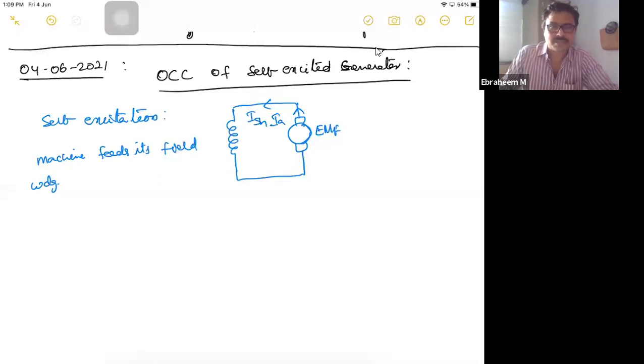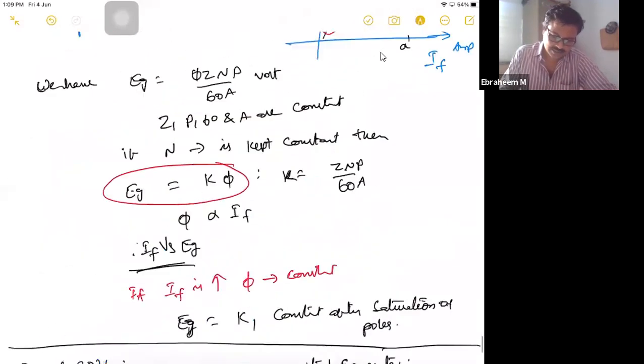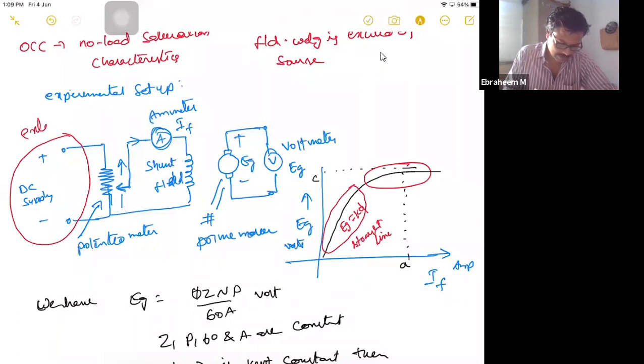So for the self-excited generators, how do we do OCC? How do we do it in a separate excitation? Here you are able to see that for the field winding the excitation is given from an external source, right?